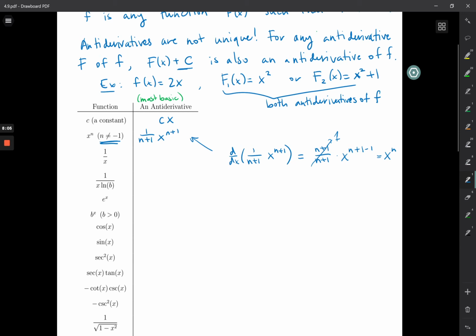We've been using them a lot. And now all of a sudden you're having to go in reverse. And that can be confusing. So it's always a good idea, if you're not sure about your answer, to just take the derivative and double check that you get what you started with. So here we got x to the n. That is exactly what we wanted. And so we just confirm that that is the correct answer. Okay.